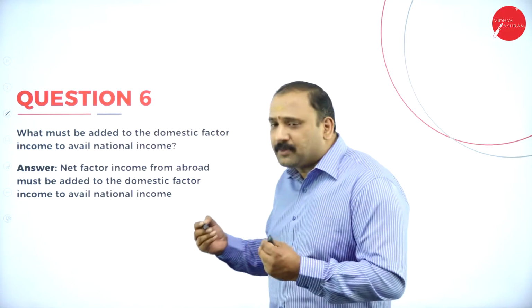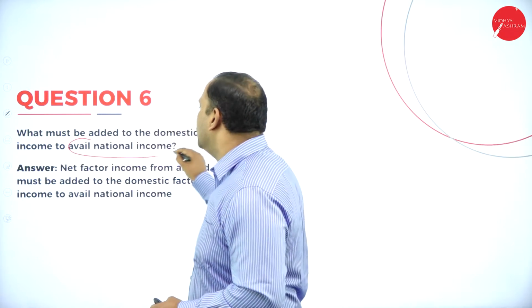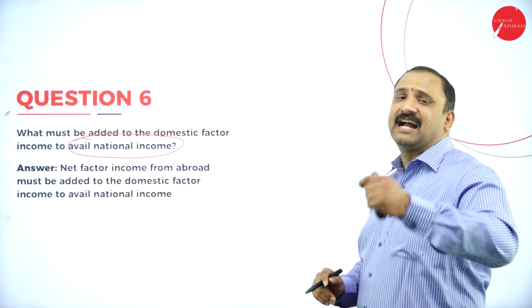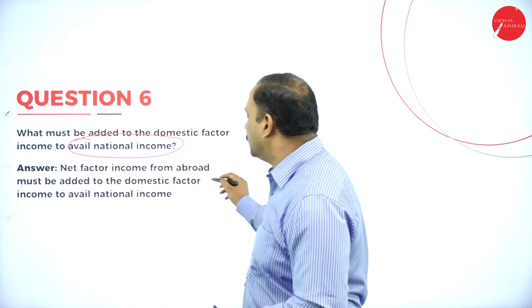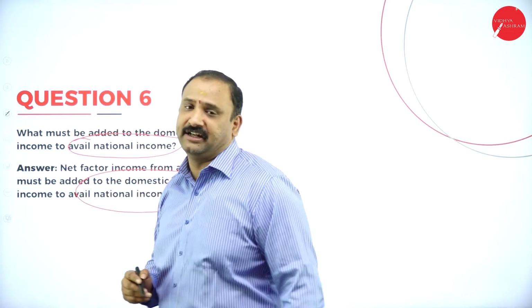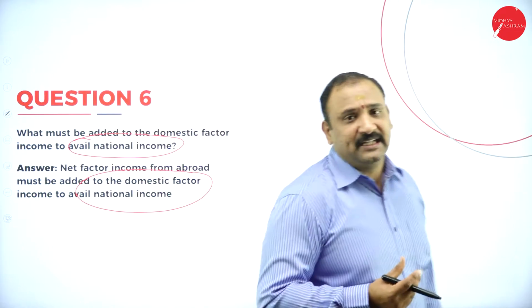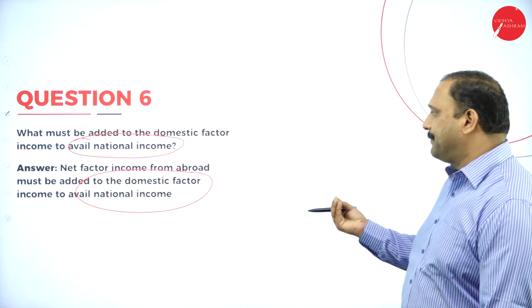Followed by: what must be added to the domestic factor income to arrive at national income? Net factor income from abroad must be added to the domestic factor income in order to get national income. Now, what is the meaning of this? All of us know that there are a lot of Indians who work abroad.